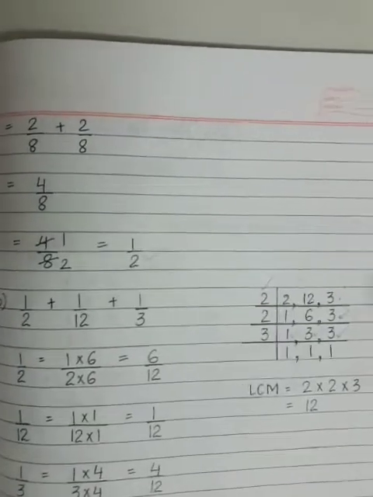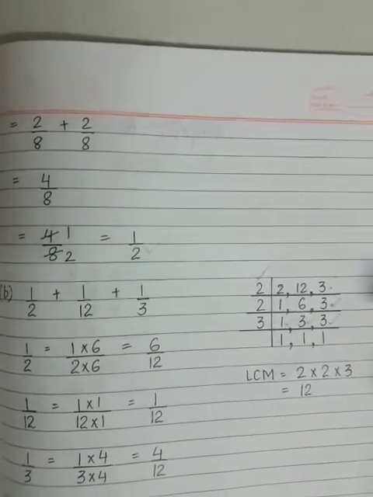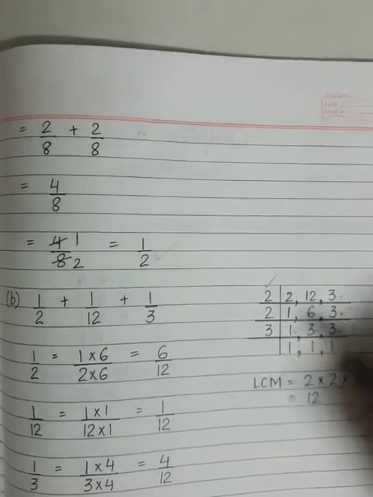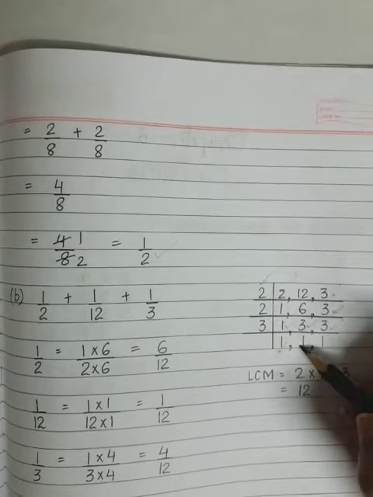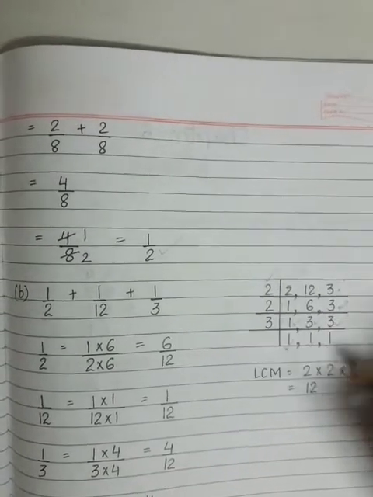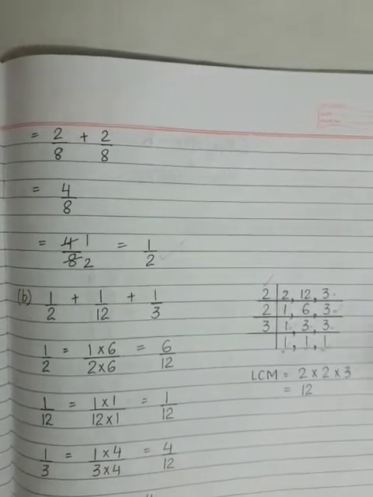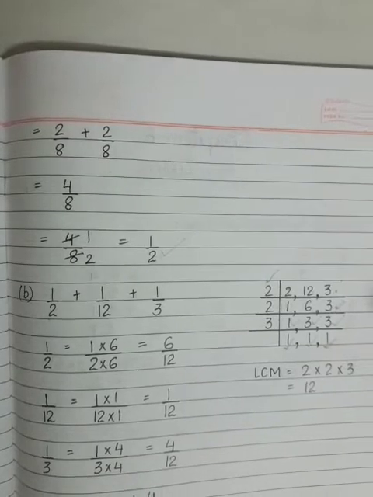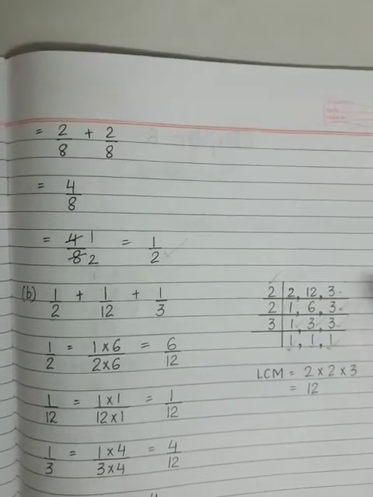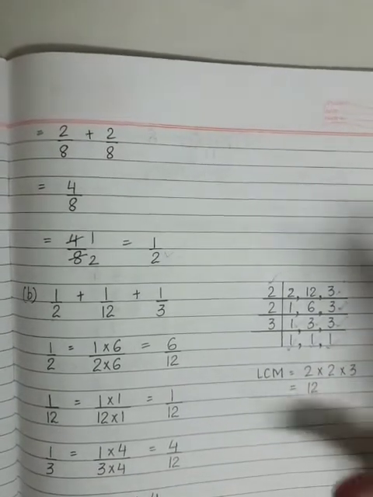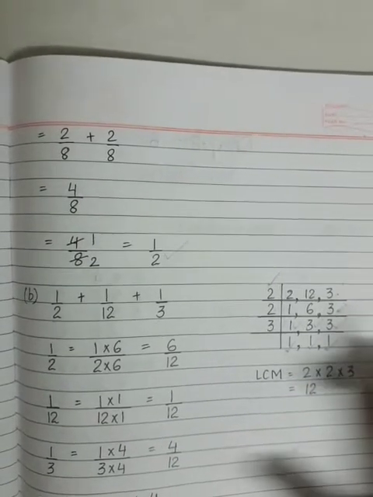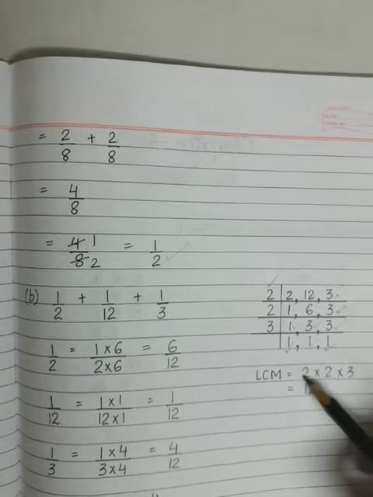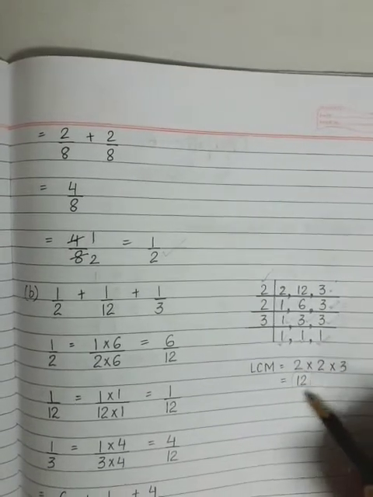So, we write 3 here, this is already 1, this will remain the same. 3 divided by 3 is 1 and 3 divided by 3 is again 1. Now, since we have got 1 as the quotient for all the numbers, it means that the LCM is complete. Okay. So, you write the product of the prime numbers, 2 into 2 into 3, which gives us 12.